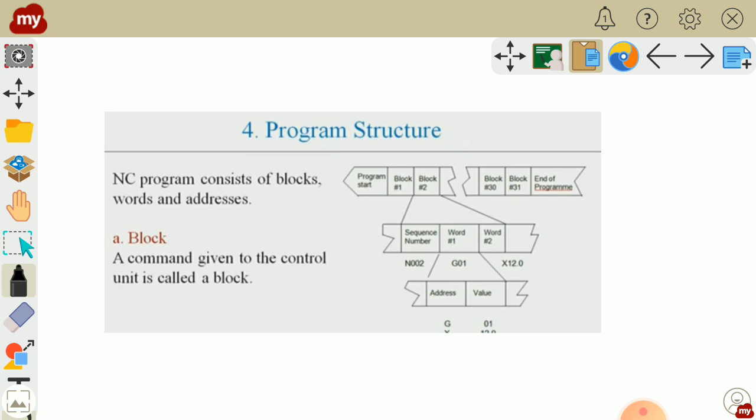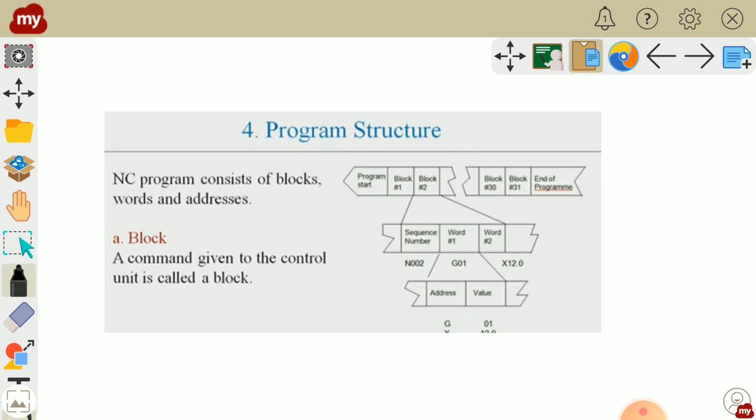In one block, as shown in the figure, we see block 2 here. In the block, it consists of a sequence number, followed by word 1, then followed by word 2. For example, it is shown as N002 G01.